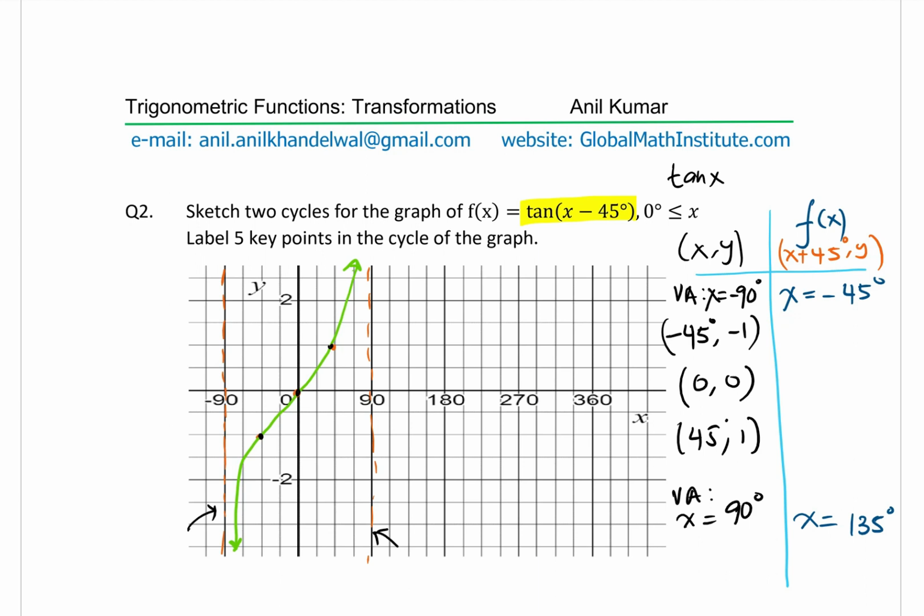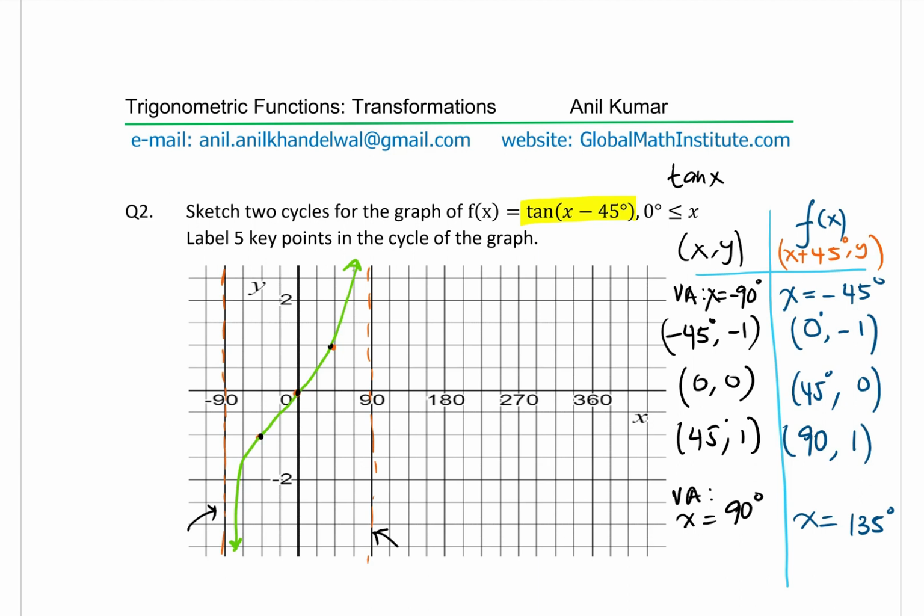The other points in between, the x value for minus 1 is now going to be at 0. So to minus 45, when I add 45, I get 0. The y value will be minus 1 itself. So those will be our transformed points. Right?